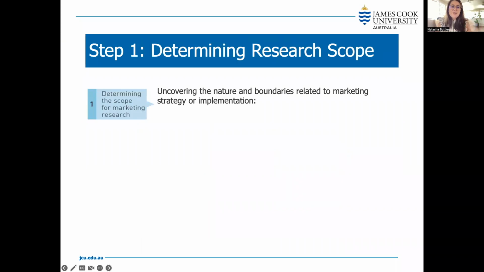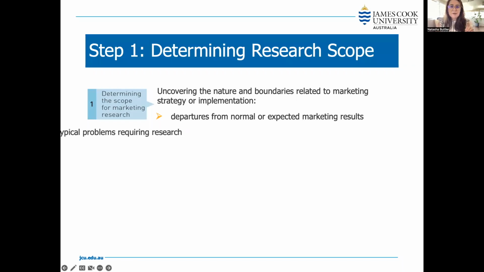So this step is where we're going to uncover the nature and the boundaries related to the marketing strategy or implementation. So what is it that we're wanting to discover? What's going on for us? So we might be wanting to research any departures from normal or expected marketing results.